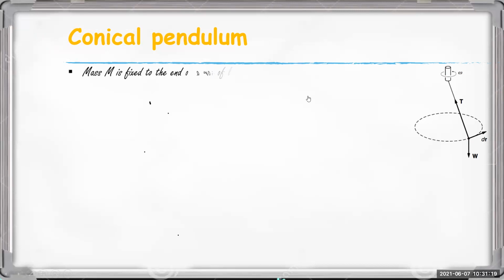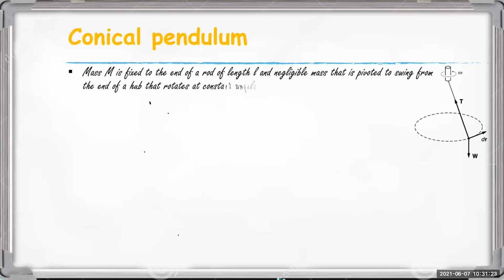A mass M is fixed to the end of a rod of length L and negligible mass that is pivoted at the end of a hub that rotates at a constant angular velocity omega.